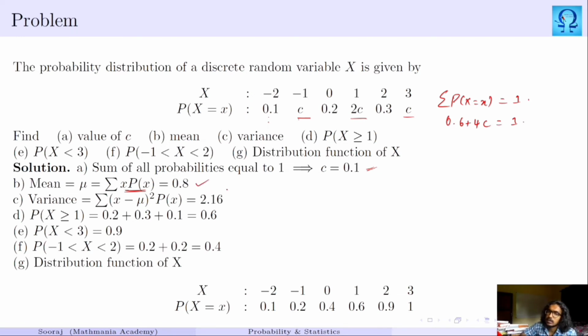In a similar way, to calculate the variance, once you have the mean, you can subtract it from x, square it and multiply by the probability, or you can simply calculate the summation of x square p of x, and then subtract the square of the summation of x p of x.